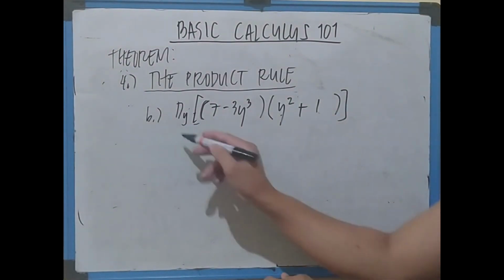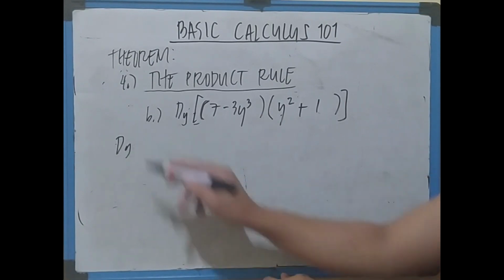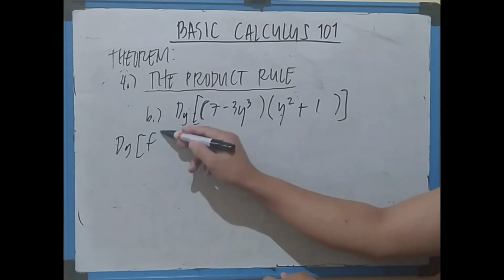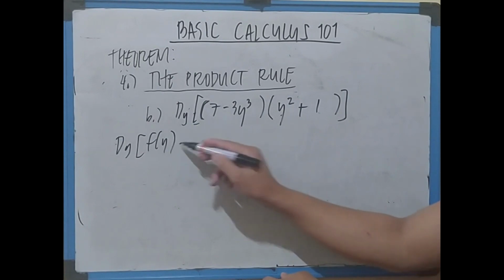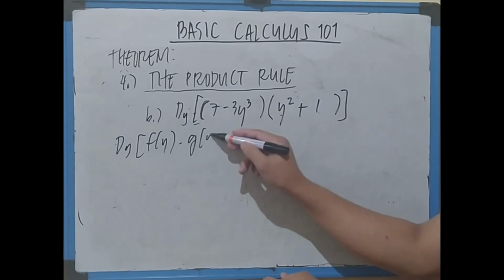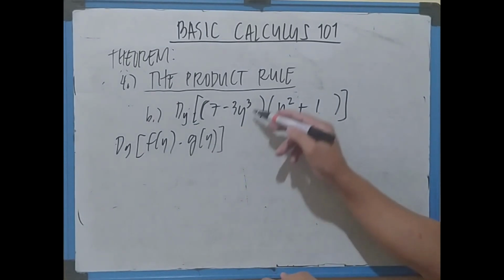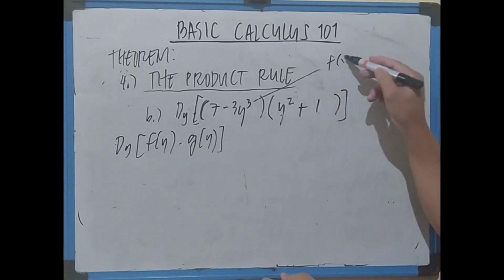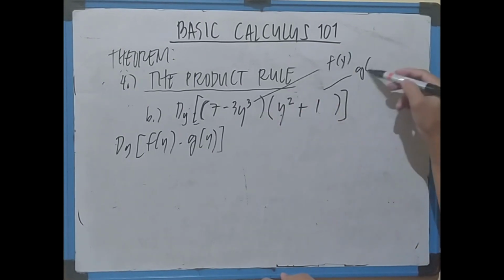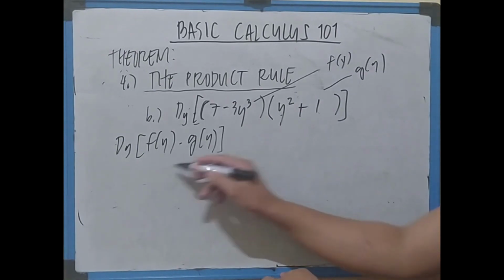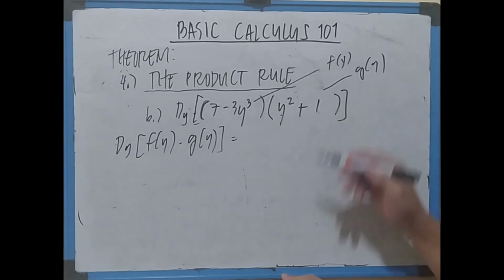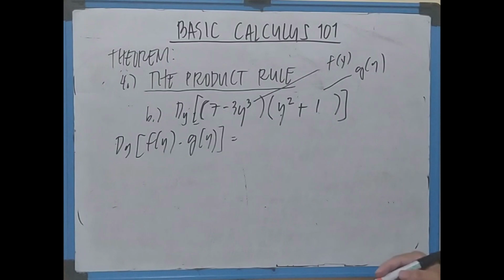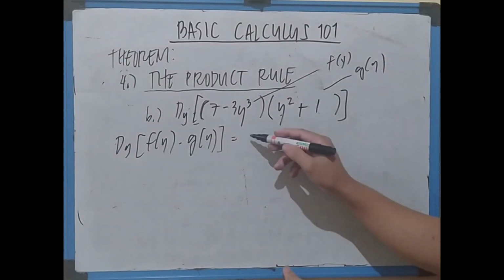So, since we have y, so we wish to find out the derivative of y, f of y, then times the g of y. So, let's say for example, this is your f of y, and this is your g of y. So, ang formula natin guys will be, again, bale, f of y muna.